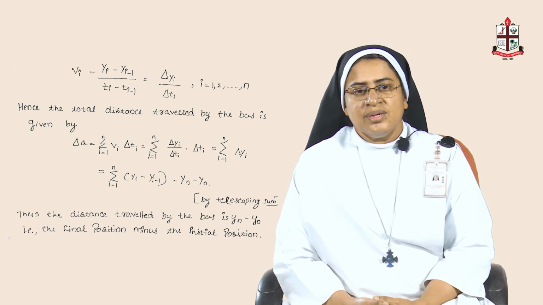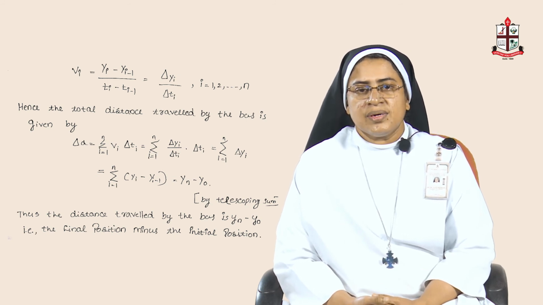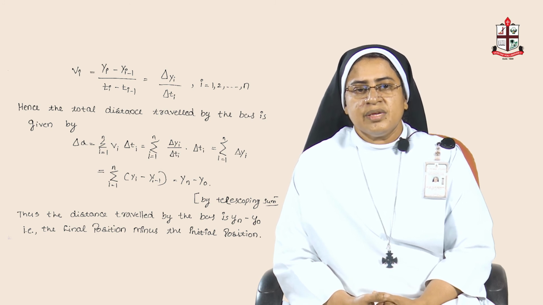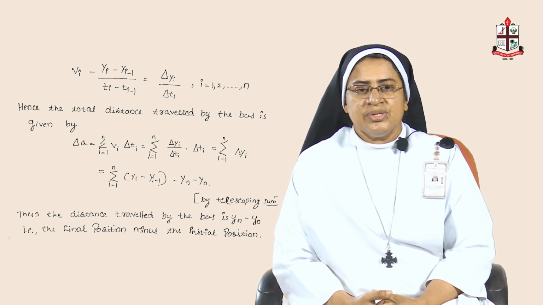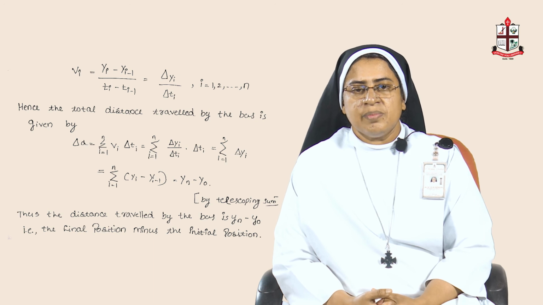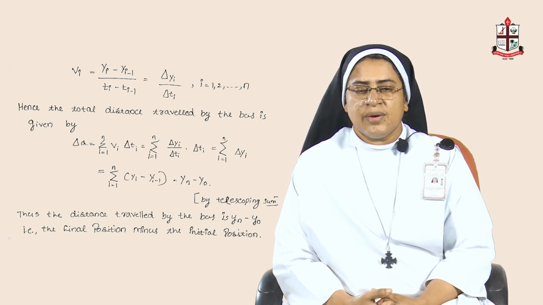up to n. So according to our formula, the total distance travelled by the bus is delta d, equal to sigma i equals 1 to n vi delta ti. Since vi can be written as delta yi by delta ti, it is sigma of delta yi by delta ti into delta ti. So you can see that it is equal to sigma i equals 1 to n delta yi.